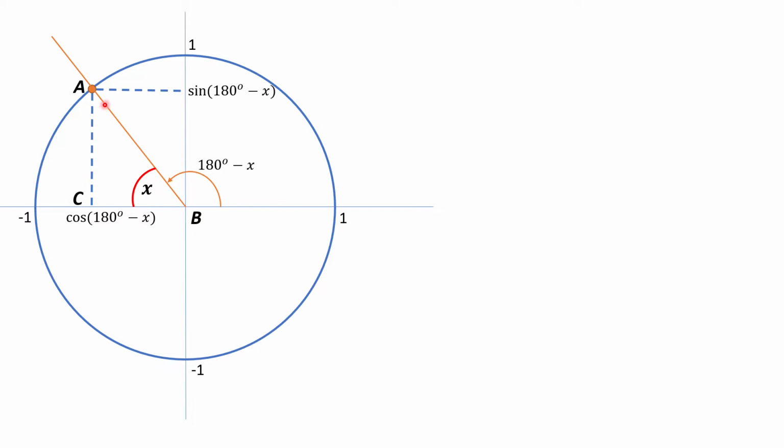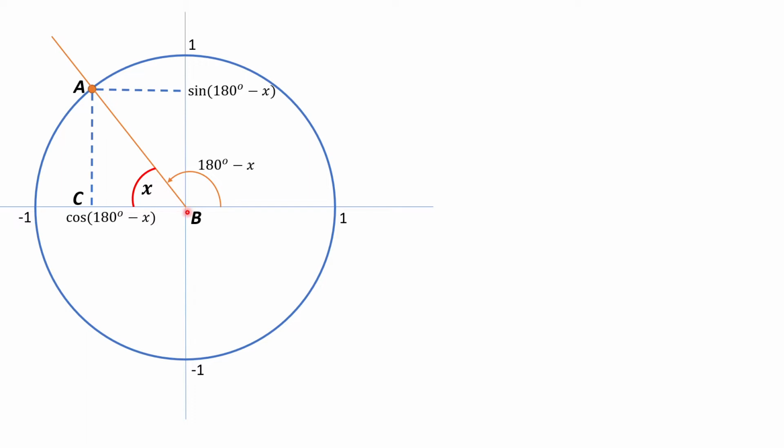Now, if you look at this right triangle ABC, and if we remember how sines and cosines are defined through the sides of a right triangle, you would remember that AC is the opposite leg of angle B, which is x, and the sine of that angle B will be the opposite leg divided by the hypotenuse.